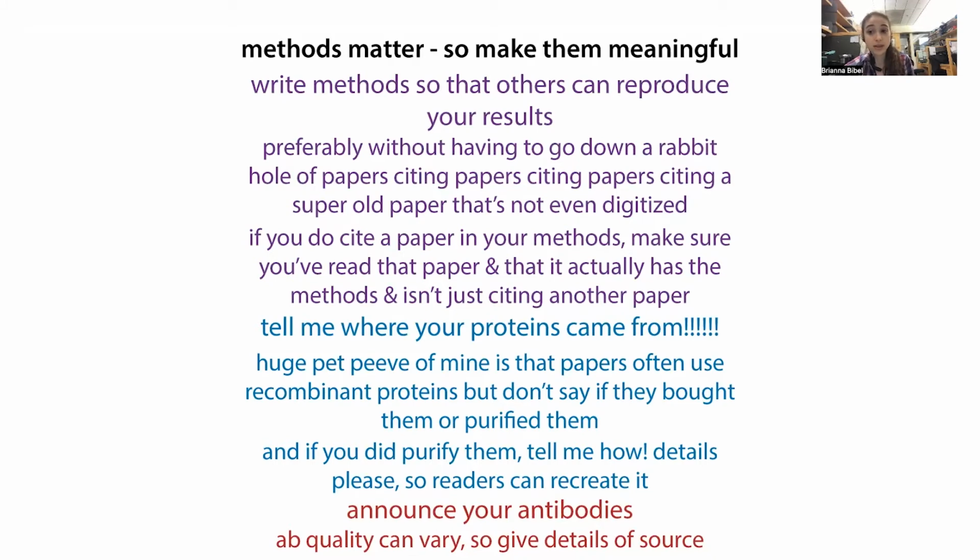I've gone to places before where it says we did it like we did it in this paper, and I go to that paper and they didn't even do that method. So make sure that you are citing the right paper, and that you're not just citing a paper that, when you go to it, is citing another paper. So many times this happens, so many times.